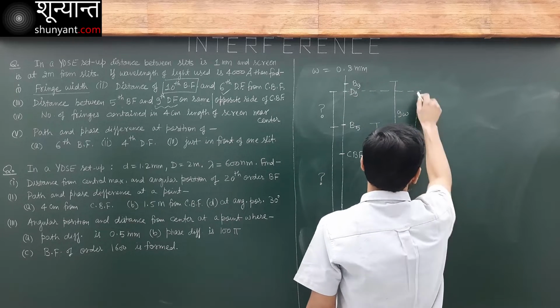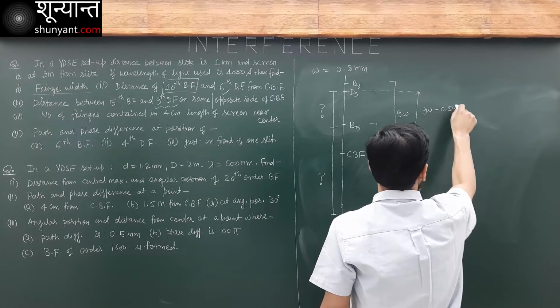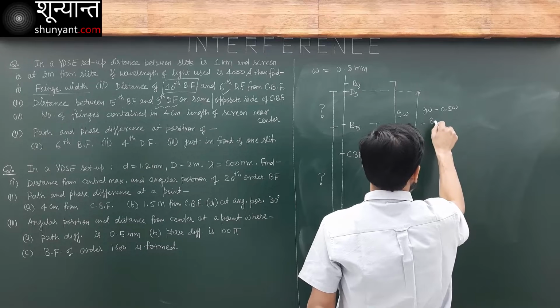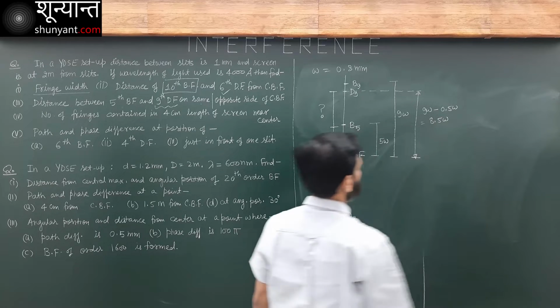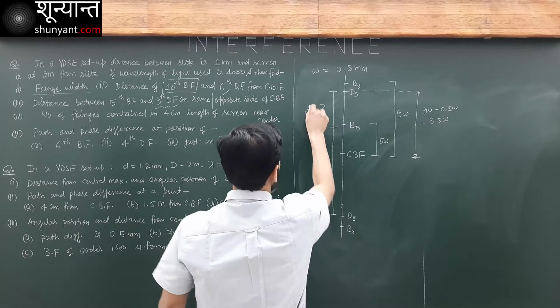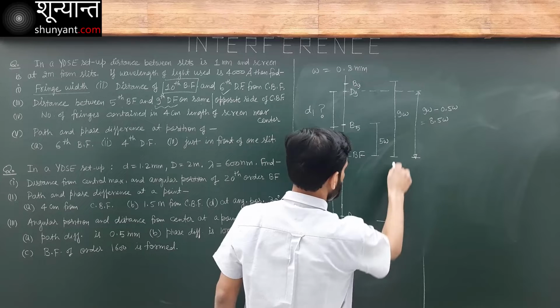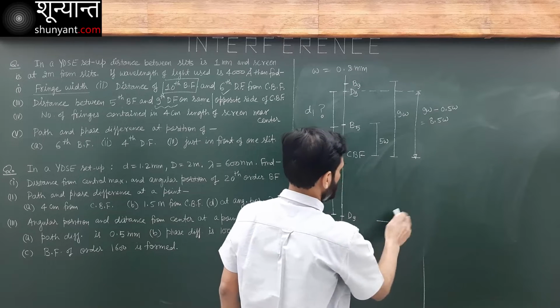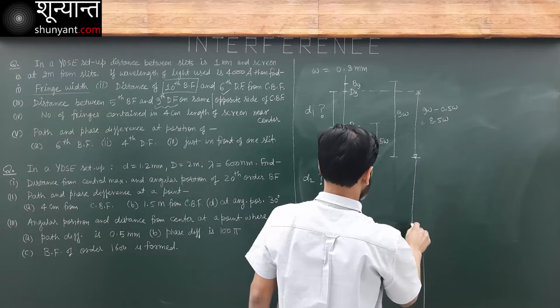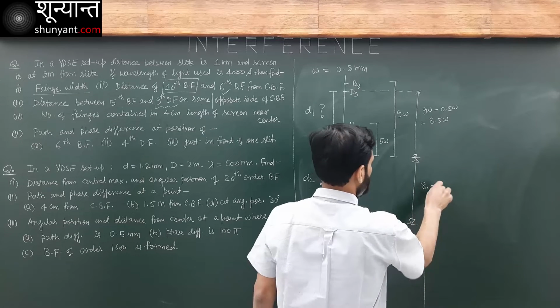It will be equal to 9 omega minus 0.5 omega, so this will be 8.5 omega. Let's say this distance is d1 and this distance is d2. Similarly, here also it is going to be the same, 8.5 omega.